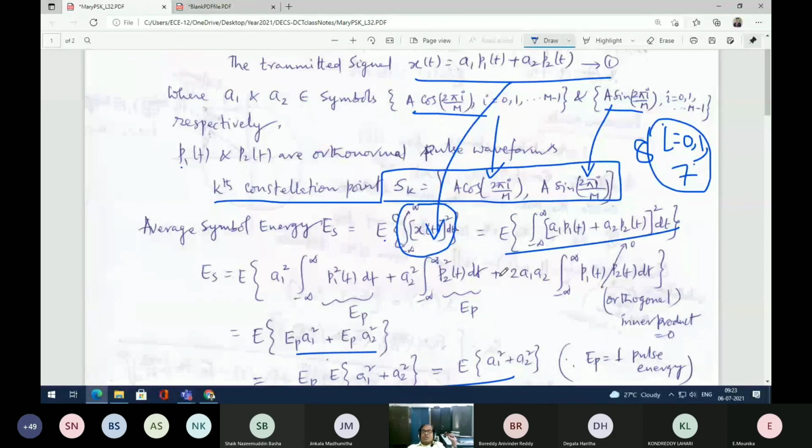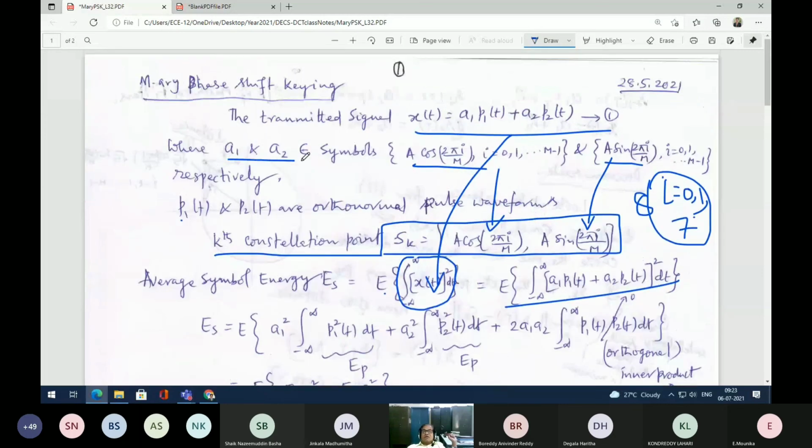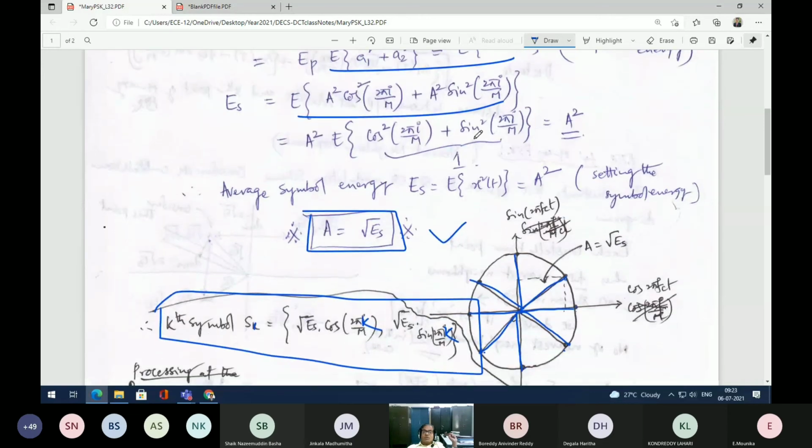Here we have to remember only one thing. Symbols have equal amplitude, but they are changing with respect to phase. The kth symbol can be written with 2 pi k by m, where k is any value between 0 and m minus 1. Or I can have the ith symbol, if I want to keep i as it is. We already got that information between the symbol energy and the amplitude.